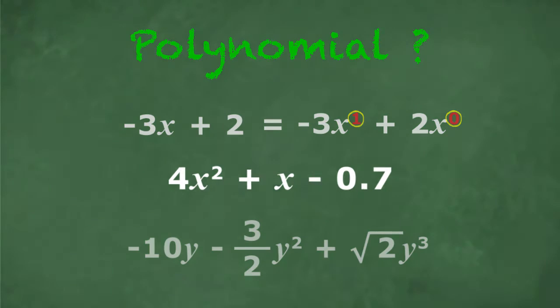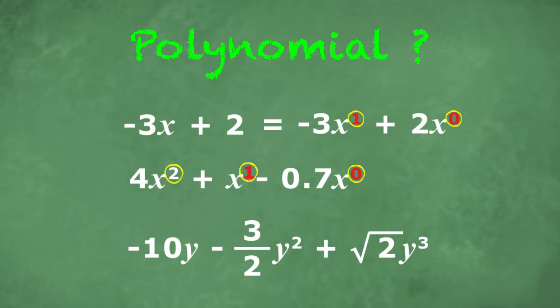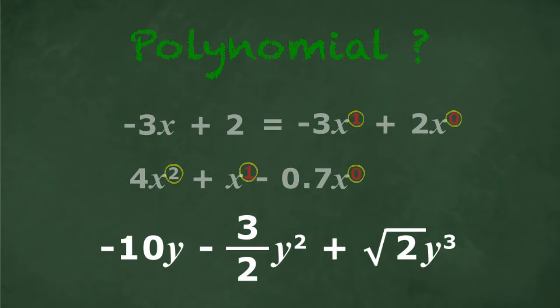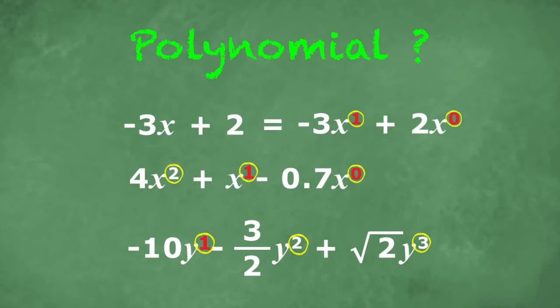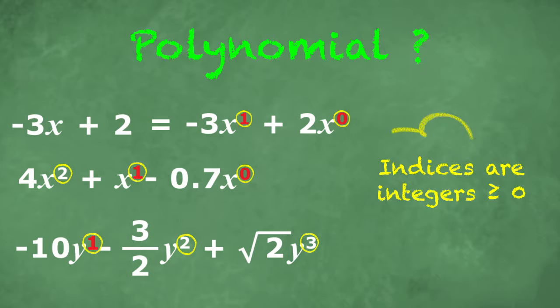In 4x squared plus x minus 0.7, the indices of x are 2, 1, and 0. In this expression in y, the indices of y are 3, 2, and 1. We say these are polynomials because the indices of x or y are integers that are more than or equal to 0.